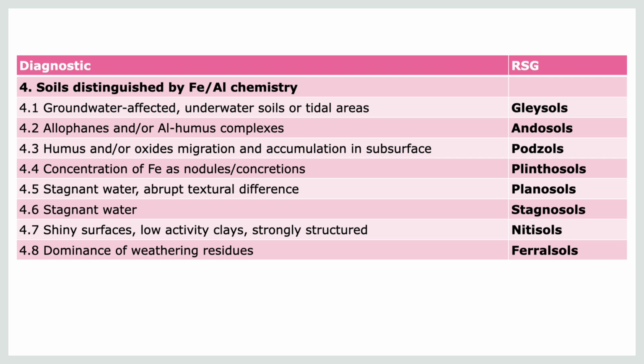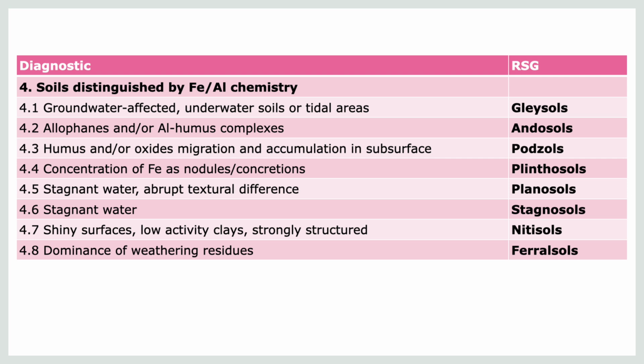We also have some soils that have a deep connection between organic matter and some metals. But in this case, this deep connection induces clay migration and induces aluminum and iron migration from the surface horizon to deeper horizons. This is the case of the podzols.